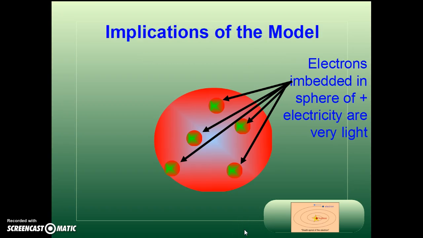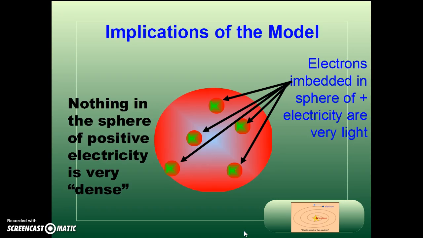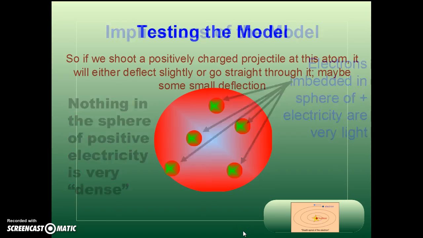Now, electrons are very light. If they're embedded in the sphere of positive electricity, they're not going to provide any particular obstacle. And in fact, nothing in the sphere of positive electricity is very dense. It's a fairly uniform, if not homogeneous, looking atom. The Thomson atom is.